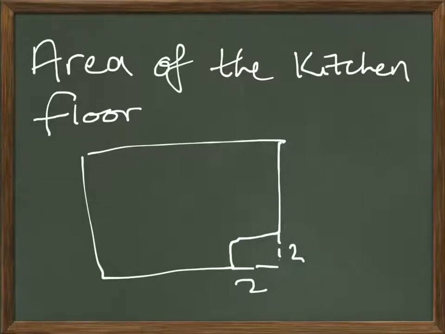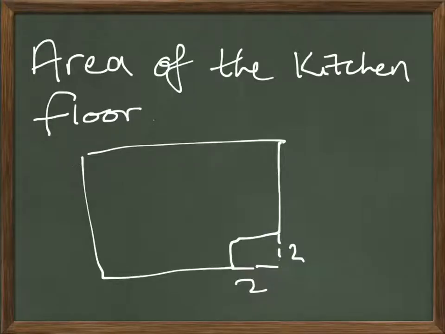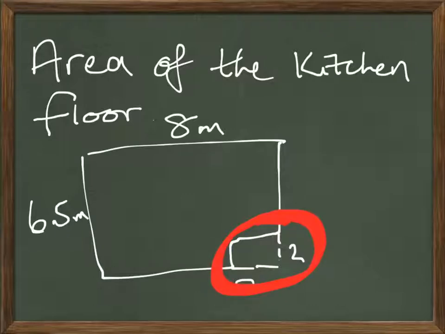So we had, as you can see, we've got 8 by 6.5, okay, 8 by 6.5. So we're basically going to say 8 meters by 6.5 meters, because remember we're including this just for the purpose of the calculation, and then we'll subtract it later, okay.